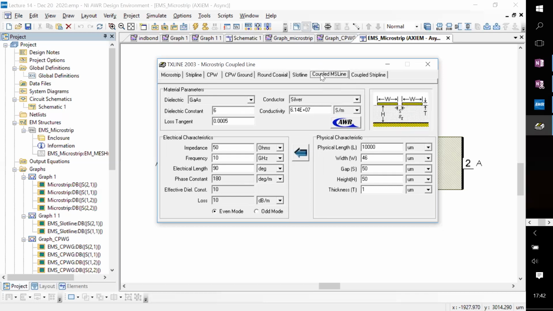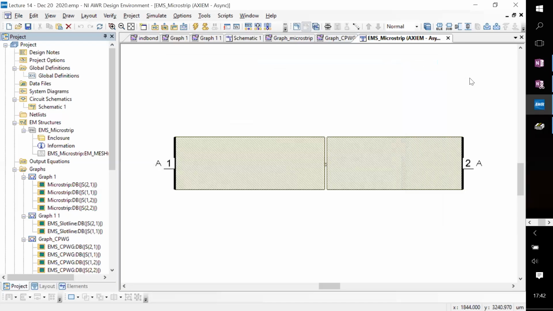So the coupled microstrip line and coupled strip line also will allow me to introduce you to slightly different types of measurements, because now there are two ports sort of involved in each side of this structure. You know, this is a microstrip. There was one port on one side and another port on other side. But now with a coupled strip line or a coupled microstrip line, you're going to have two ports on either side.